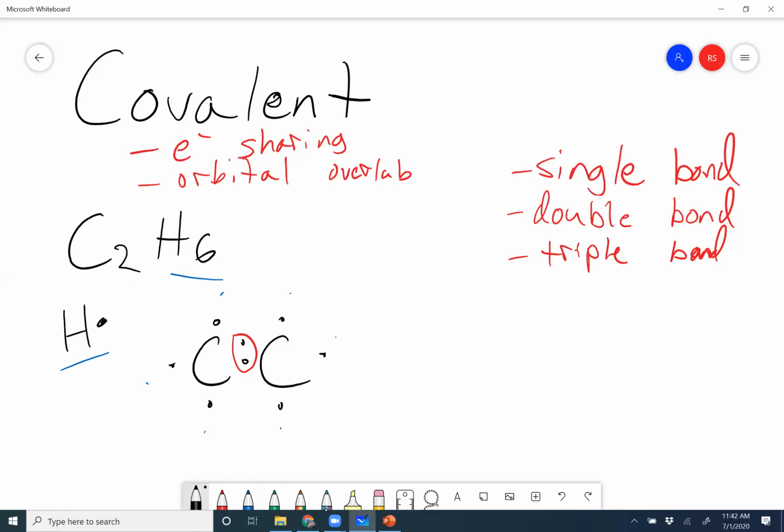So chances are what this wants is for us to do exactly that and put them all around. And this will give us the structural formula for C2H6.